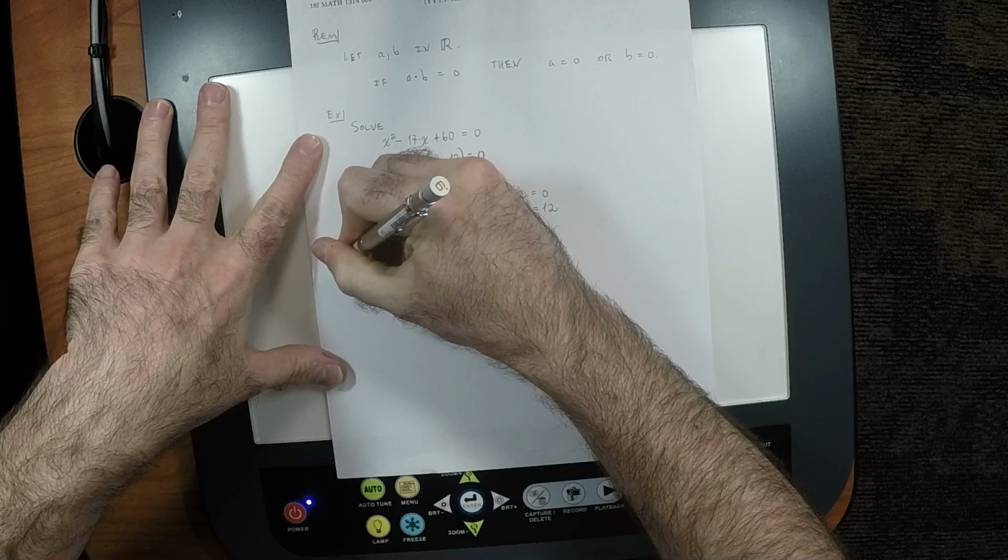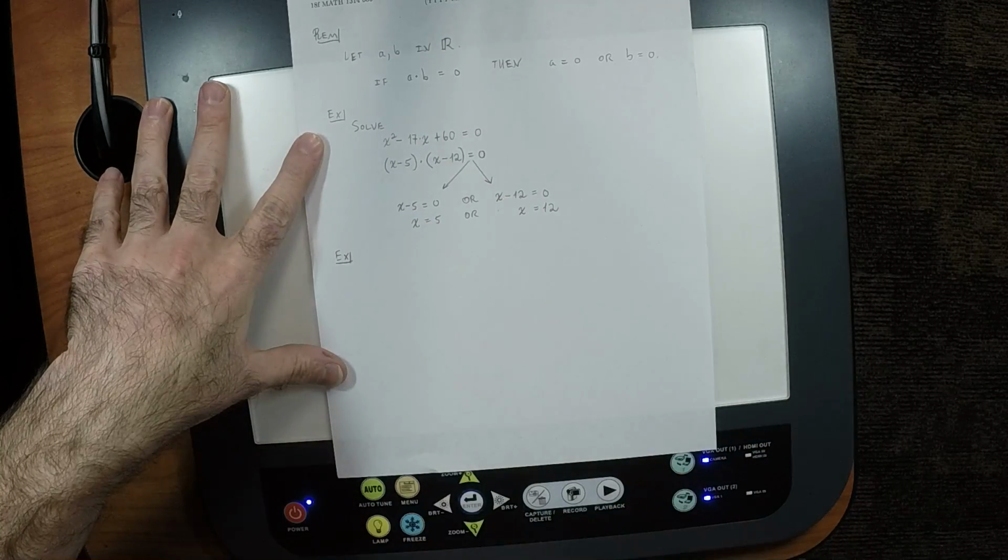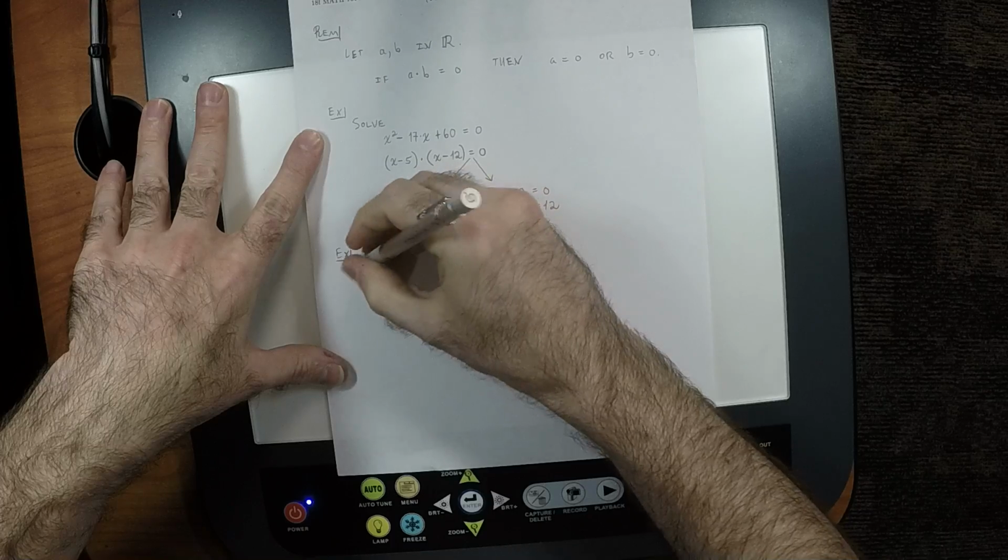Another example to sort of show the variety of possibility.